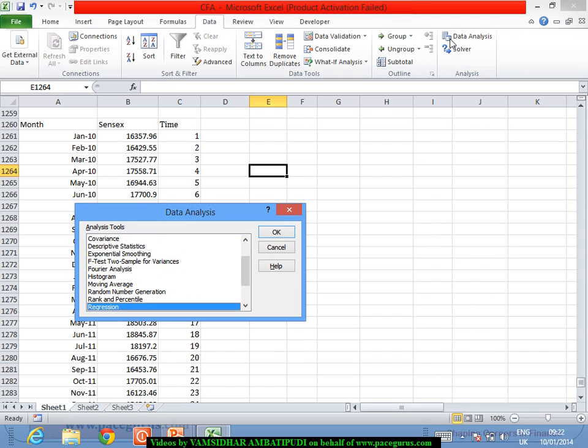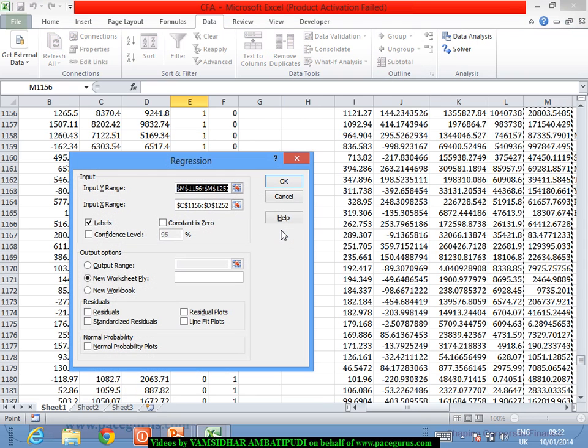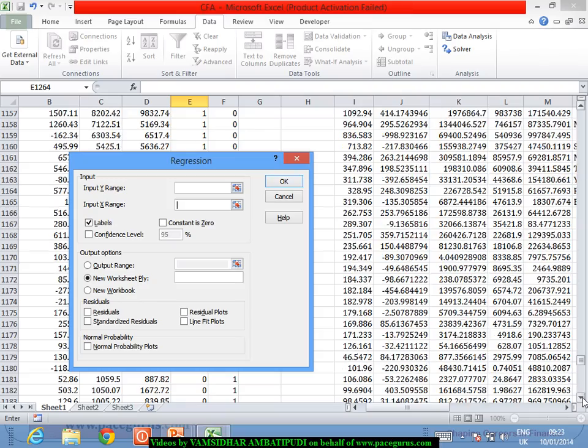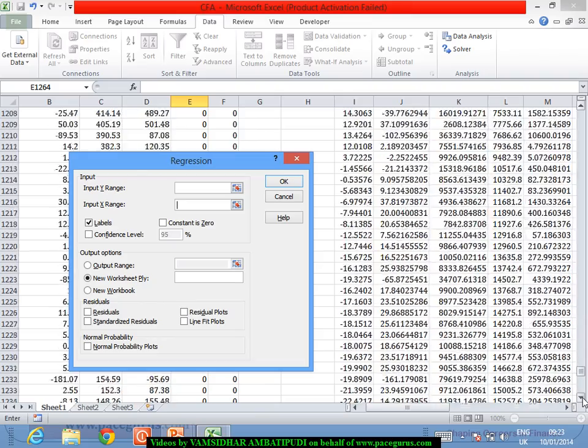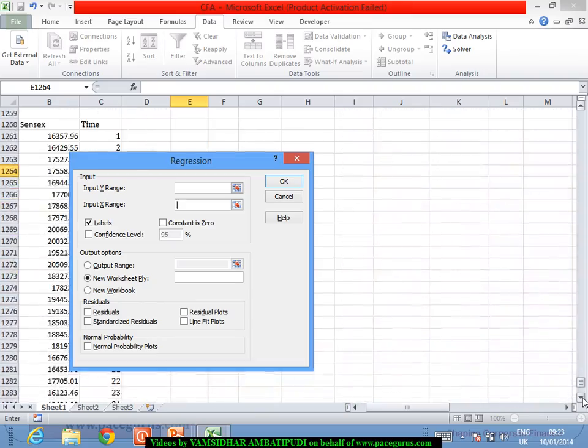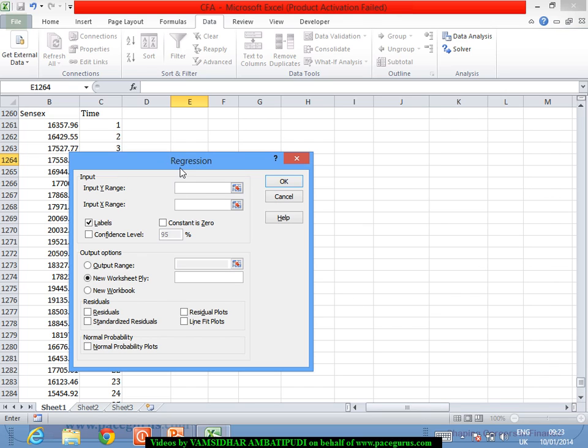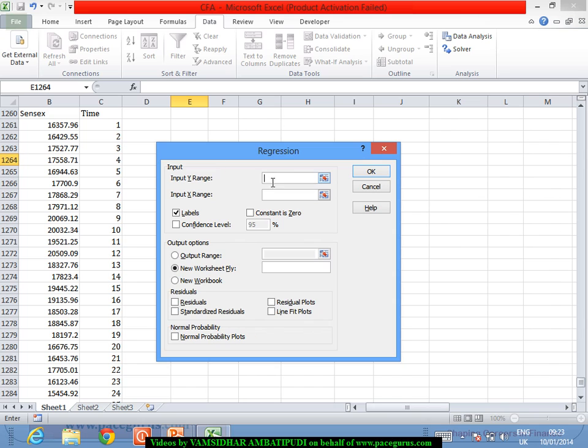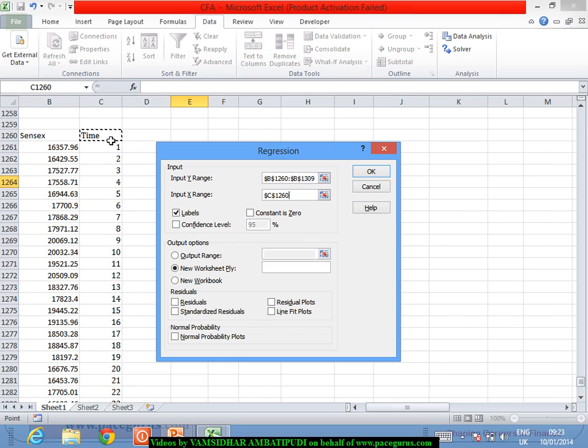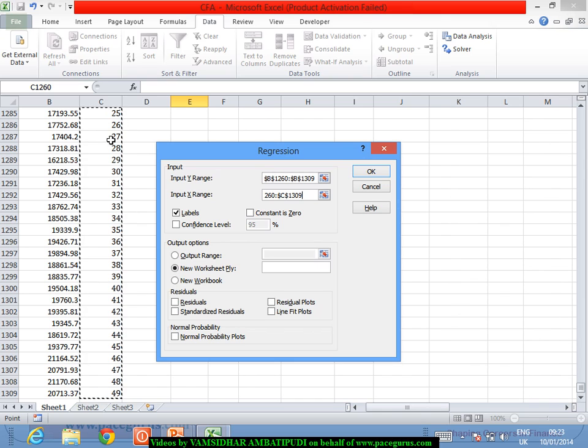So if I execute this as a simple regression, I take the Sensex as the input Y range, the dependent variable, and I take the time as the independent variable. That is the first aspect of a linear trend model.